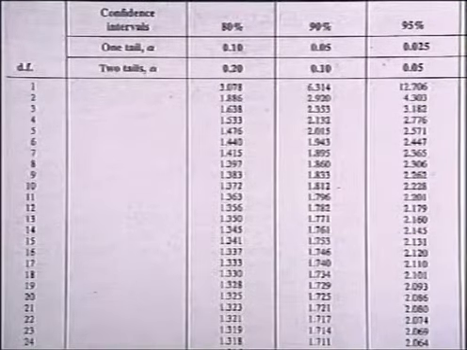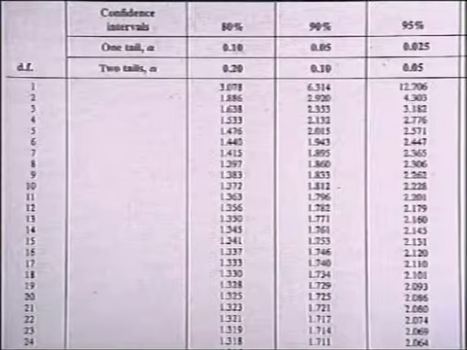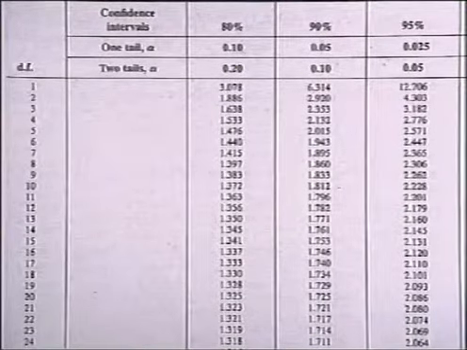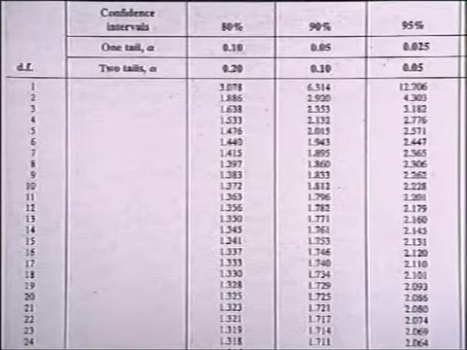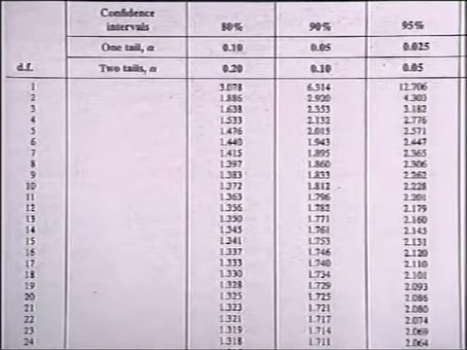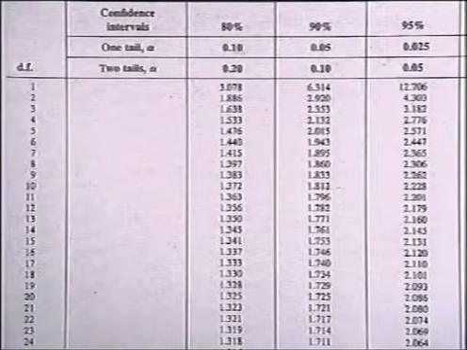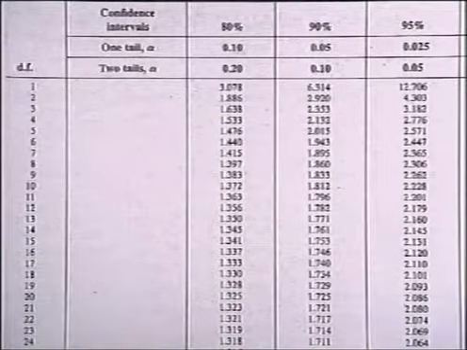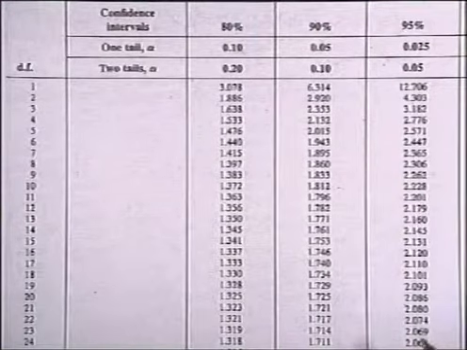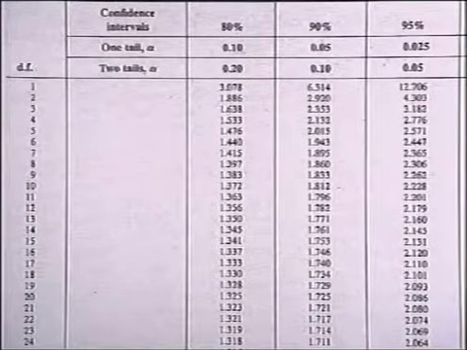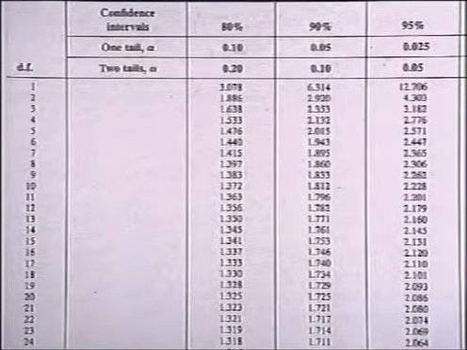So if I wanted to do a 95% two-sided test, what would my test number be? 95% is here, come down to DF of 24, and what do I have? I'm at right here, 2.064.